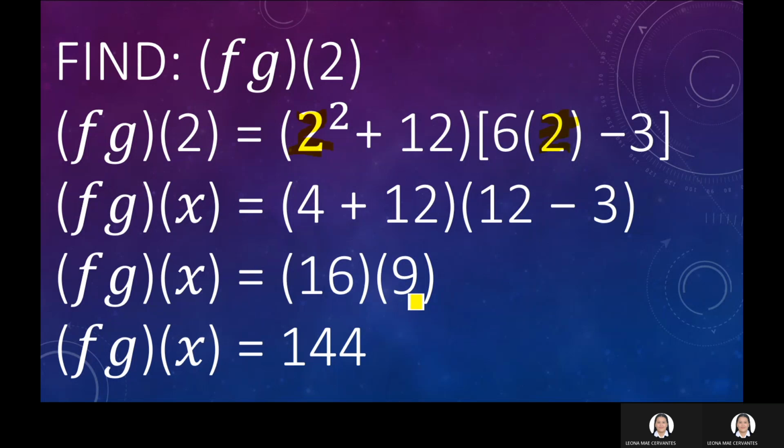Then 16 times 9 is equal to 144. Okay, so if x is equal to 2, then f times g of x is equal to 144.